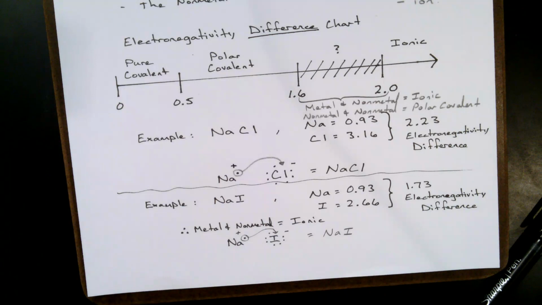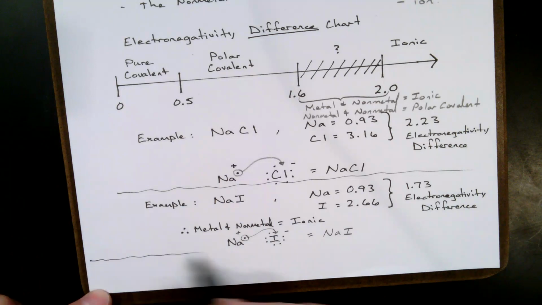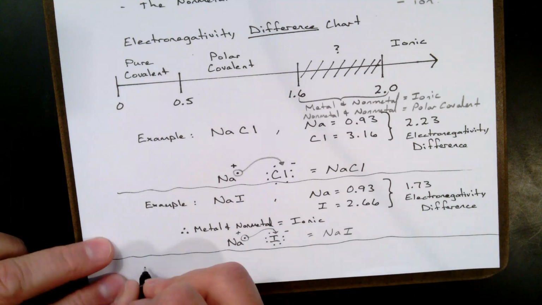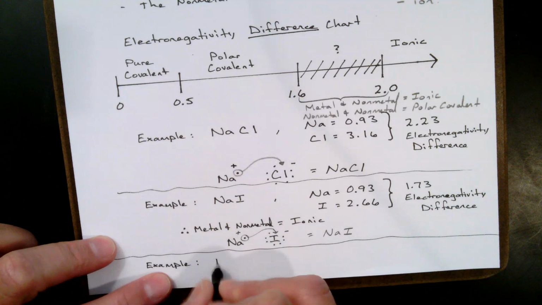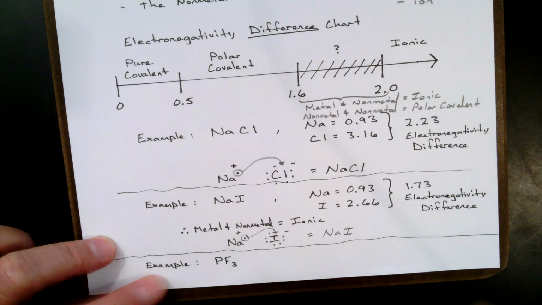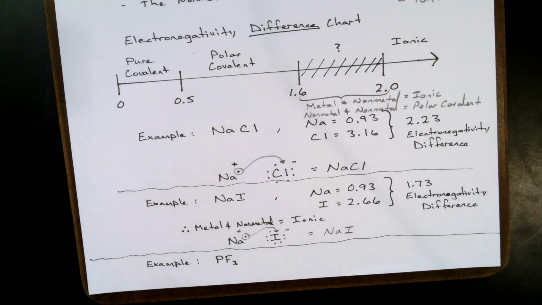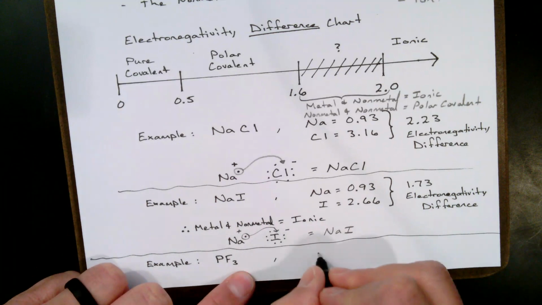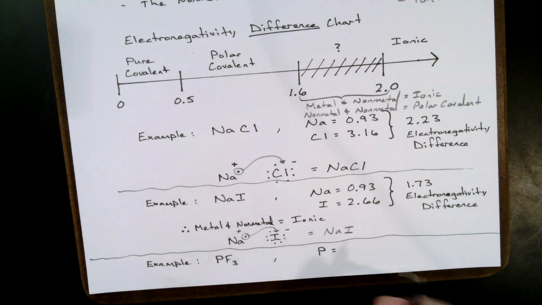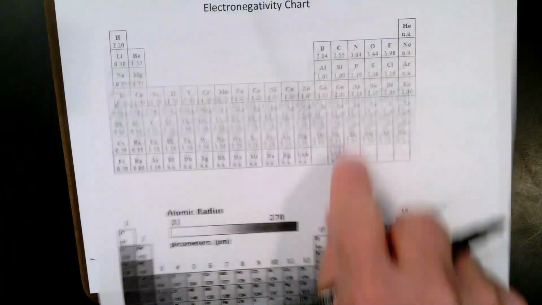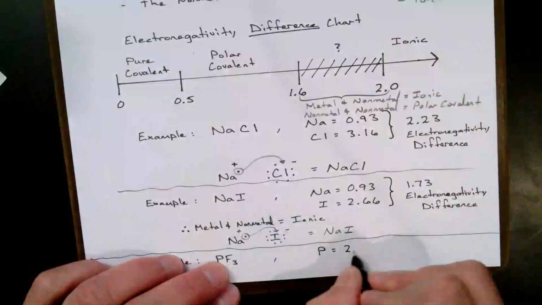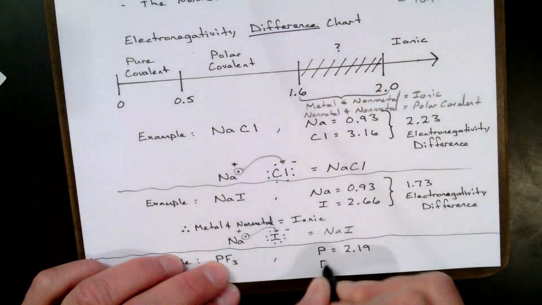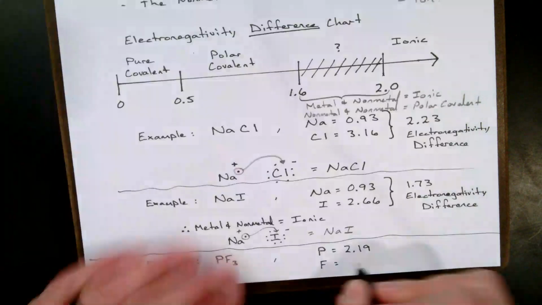Now, let's look at one more example. What if we had this formula, PF3? Well, for PF3, when we look up P, it has an electronegativity value of 2.19. And F has an electronegativity value of 3.98.